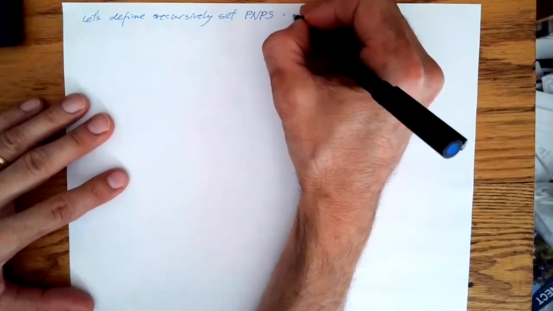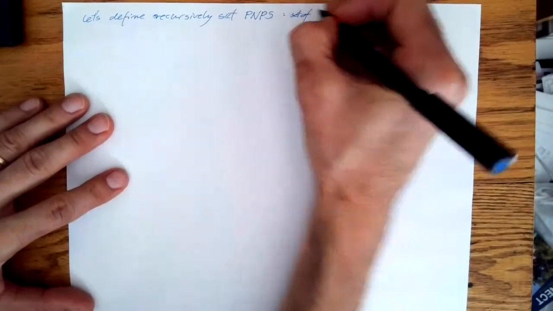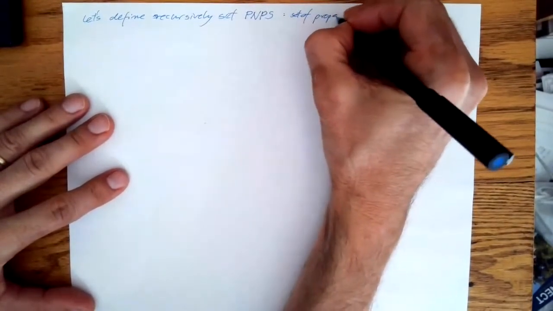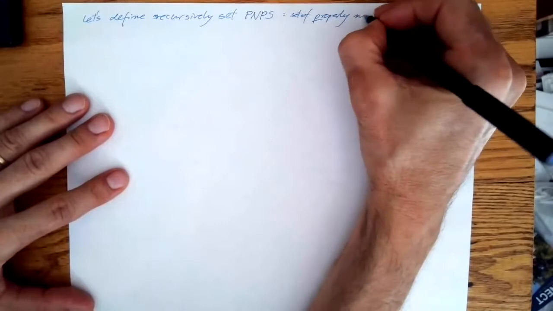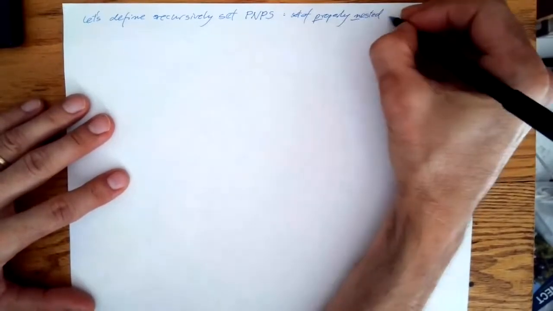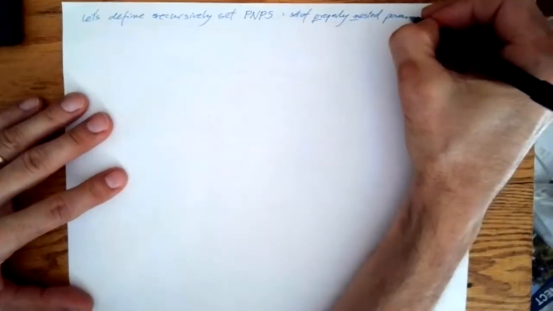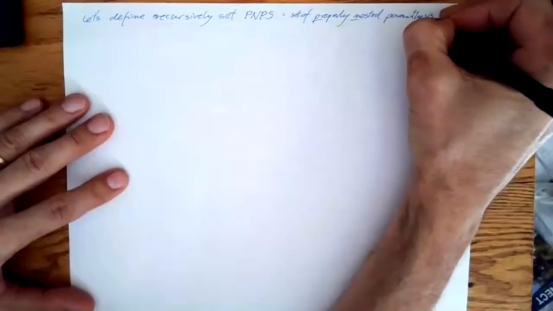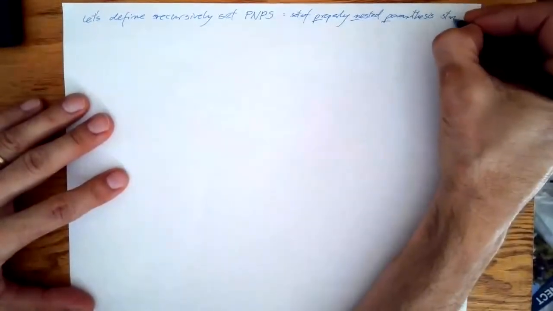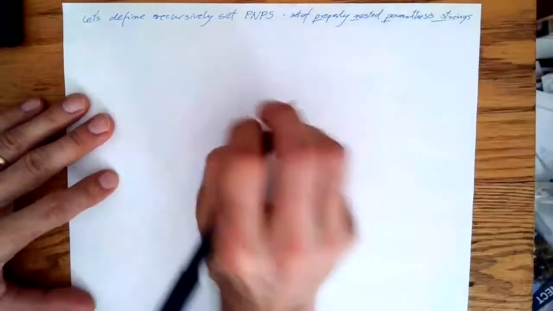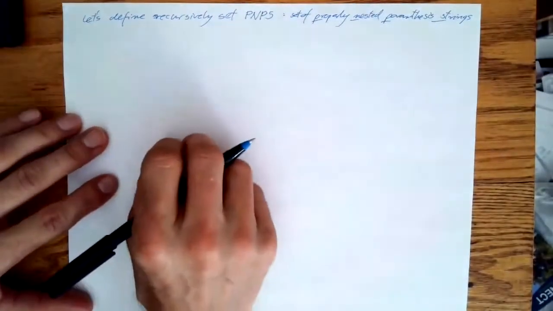I will write that: set of properly nested parentheses strings. What do I mean by properly nested?